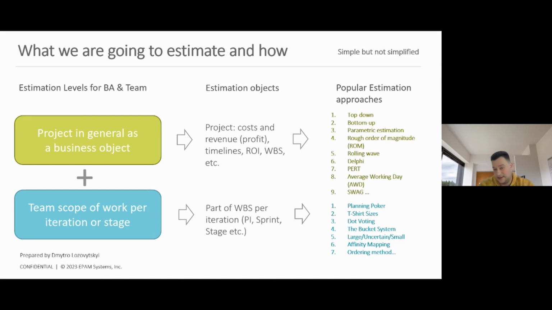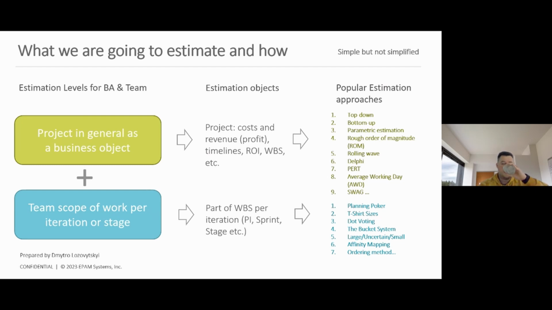And as you can see, guys, in the right part, in the bottom corner, you see, I hope, very well-known things in our life. Planning poker, t-shirt sizing, definitely yes. Dot voting, simple techniques. Bucket system, large, uncertain, small technique. Affinity mapping, ordering method.